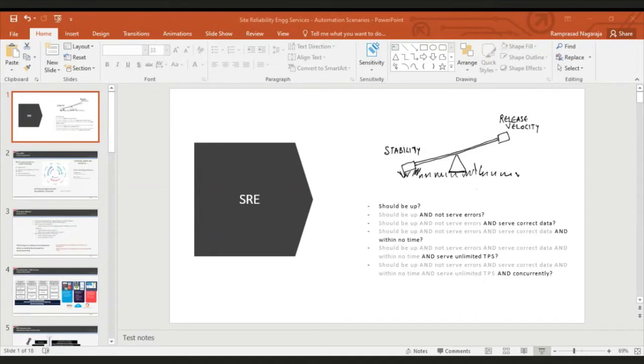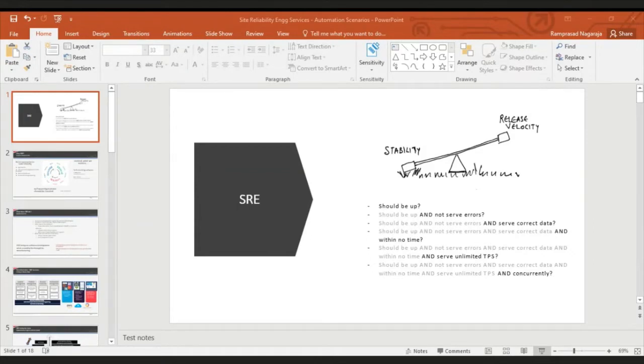And from the earlier definitions of stability or reliability or resilience, as you see at the bottom of the slide, the expectation has become more and more stringent in terms of what is stability. In addition to just the system being up, it should be error free, it should give you the right data, the response time should be in milliseconds, and there can be several hundreds of users.